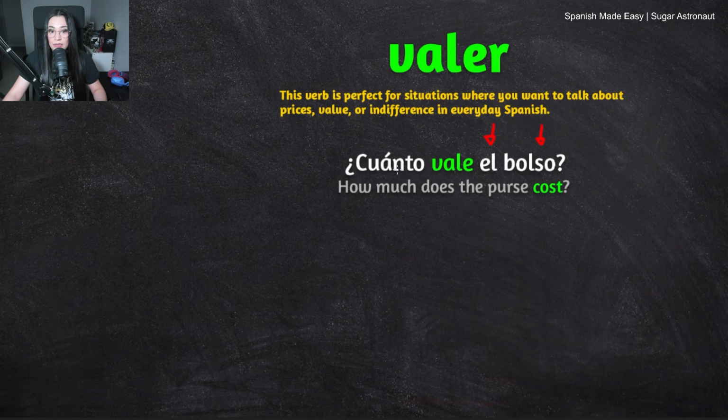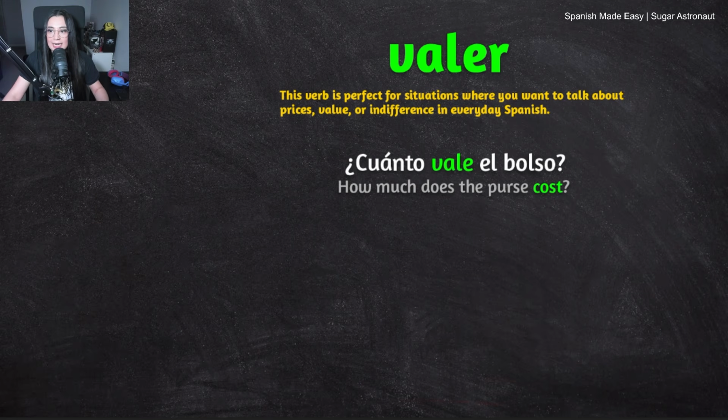So essentially, you need cuánto, then the verb valer, and then a noun. Okay, so easy breezy. That is a pretty basic sentence. Remember, valer is about prices. If you want to ask how much does this cost, you can use the verb valer.